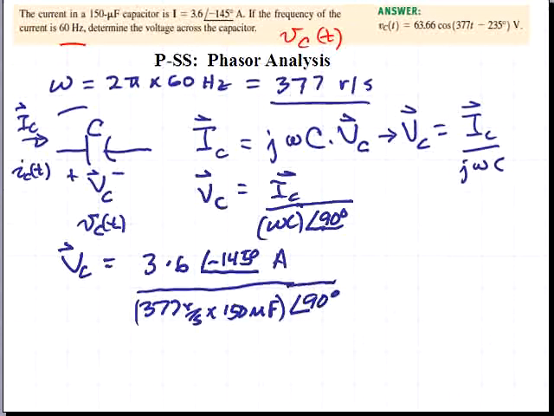When we're doing these division problems, we'd like to have the complex numbers expressed in their polar formats. This is equal to 63.66 at an angle of minus 235 degrees.